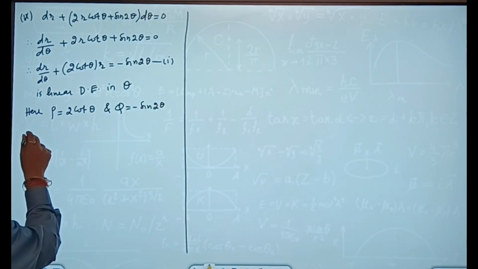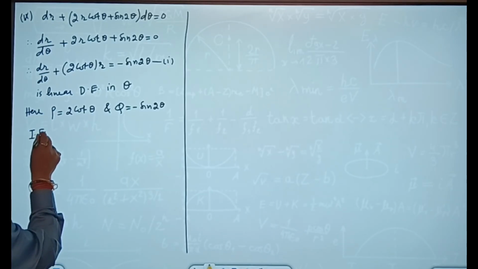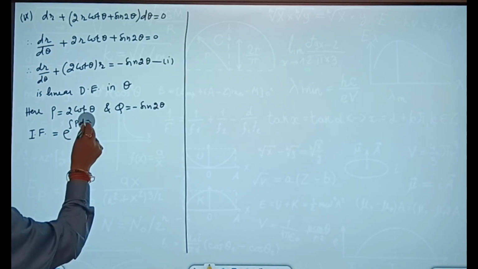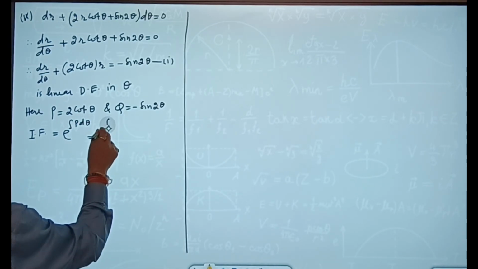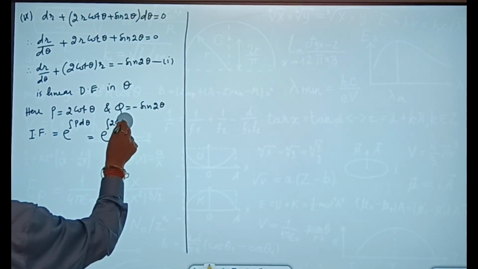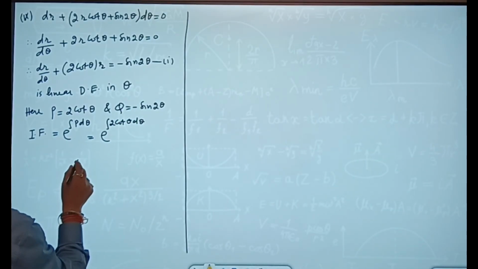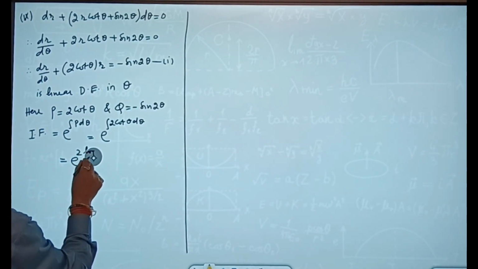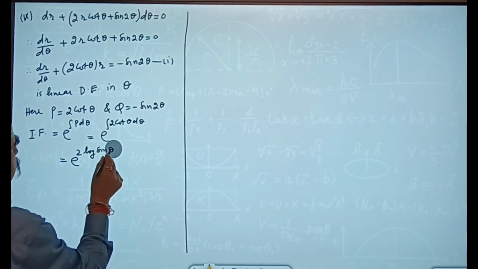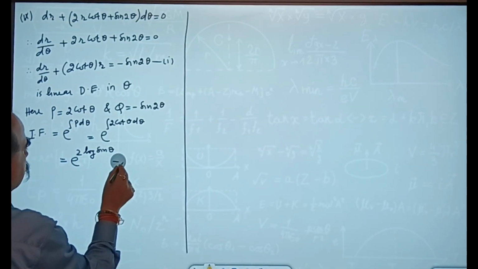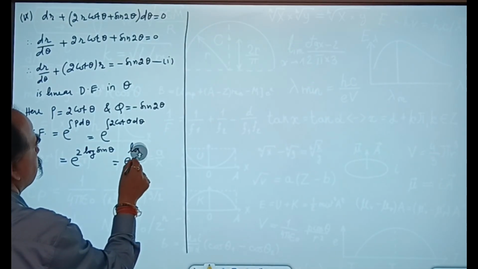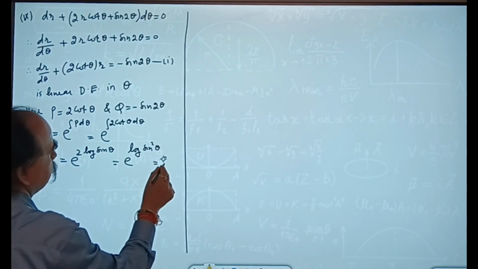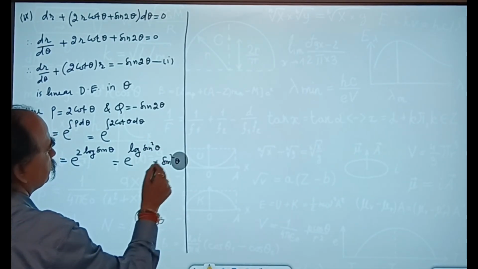So integrating factor is e raised to integral P d theta, e raised to integral 2 cot theta d theta, e raised to 2 log sine theta, e raised to log sine square theta, which will give you sine square theta.